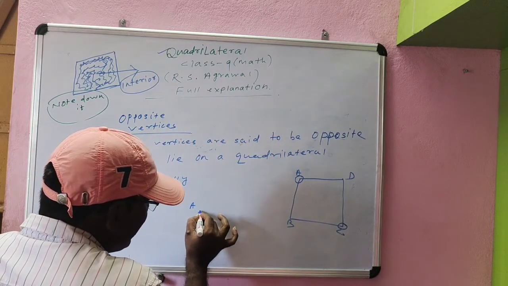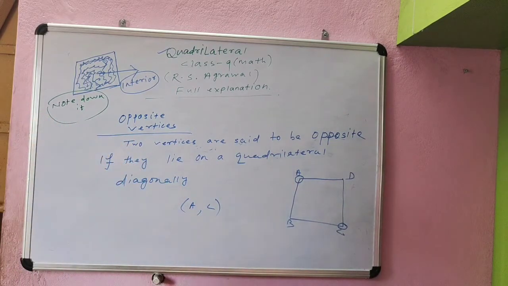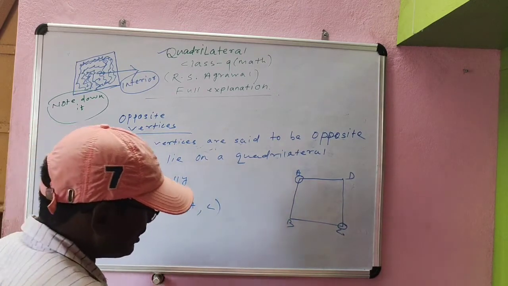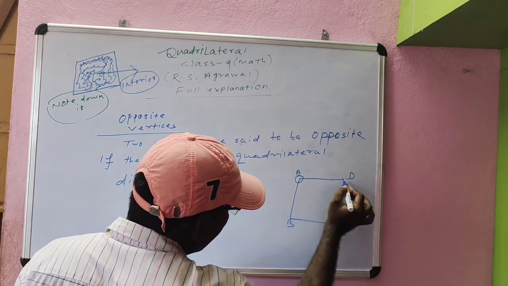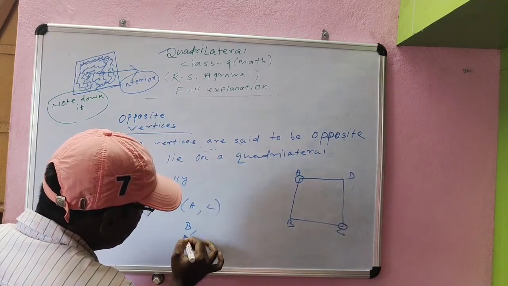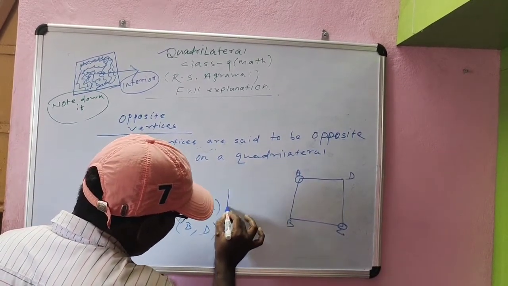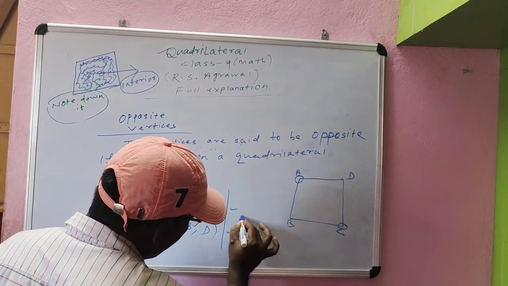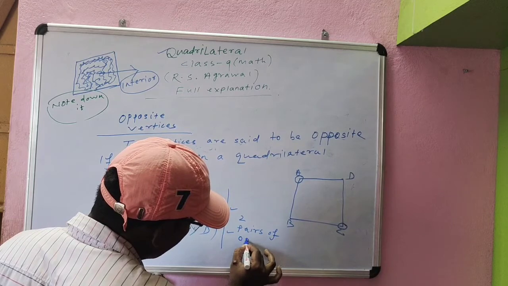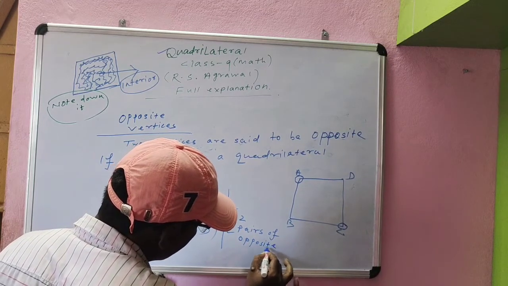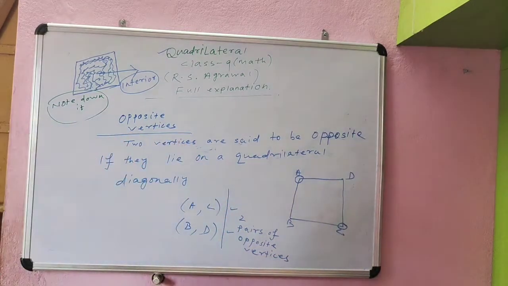So vertex A, vertex C form an opposite pair of vertices. Similarly, if you take vertex B and vertex D, they also form a pair of opposite vertices. So totally there are 2 pairs of opposite vertices.